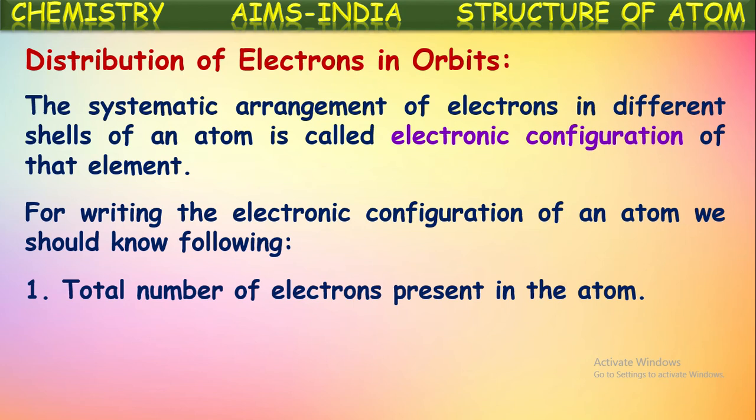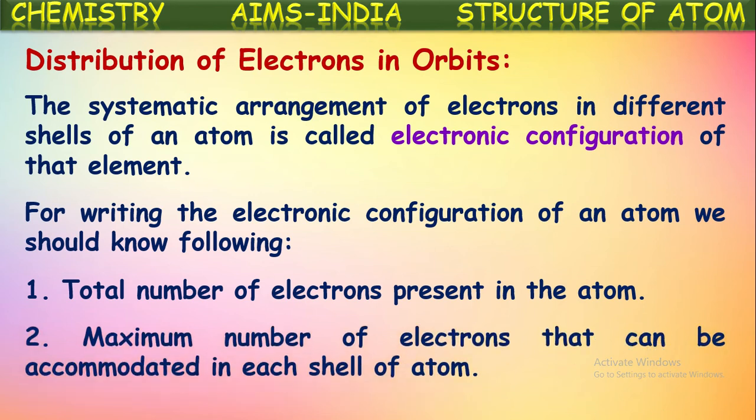So we can find the number of electrons from its atomic number. One more point to be known is the maximum number of electrons that can be accommodated in each shell of the atom. If you know this, then we can understand how these electrons are arranged in the different shells of an atom.